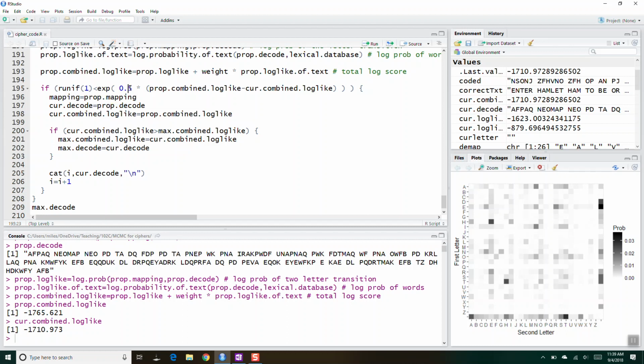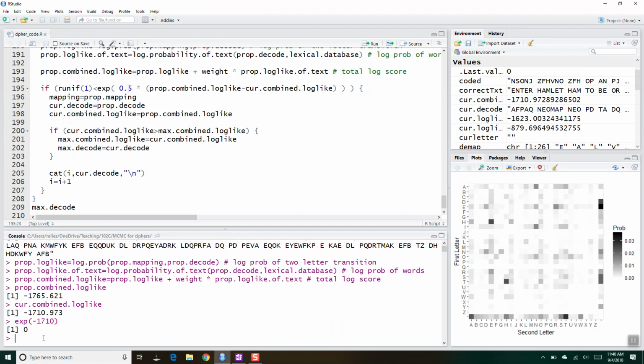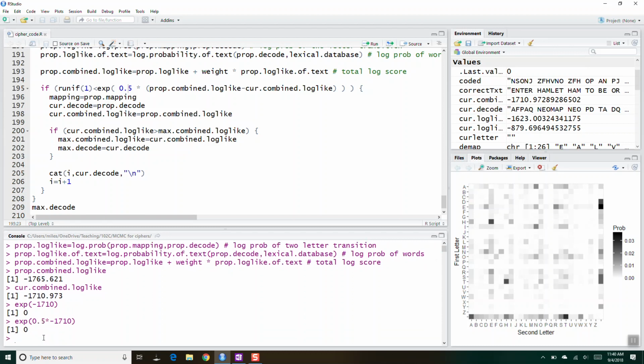And why did I multiply this by 0.5? This is weird.